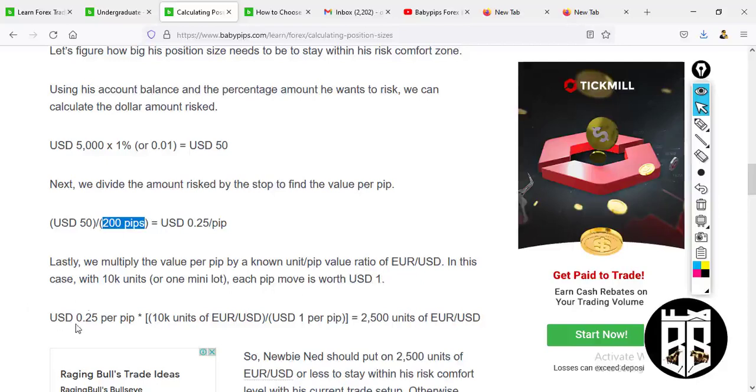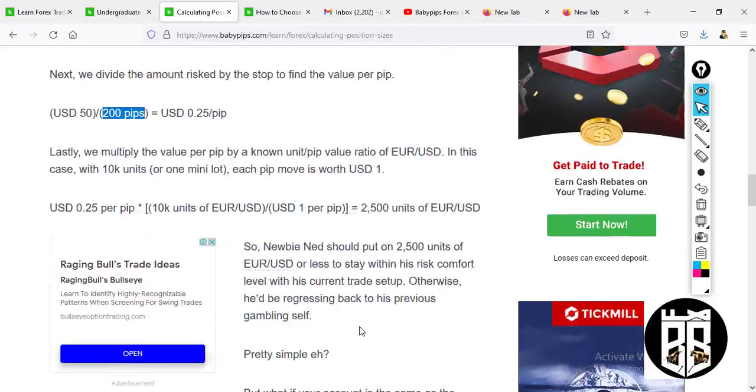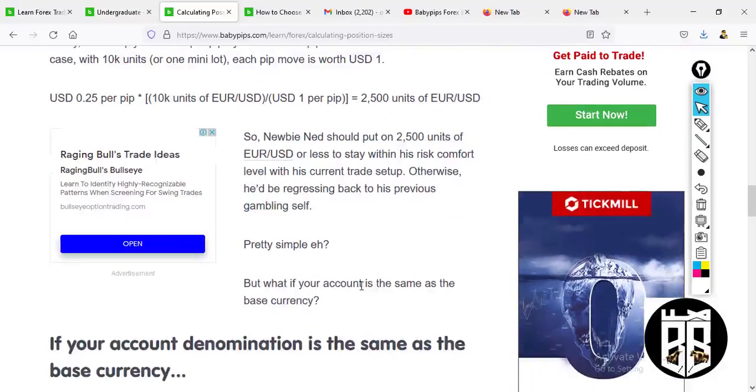Since we have 25 cents per pip, multiply that by 10,000 units of Euro USD divided by $1 per pip, that equals 2,500 units of Euro USD. So Ned should put on 2,500 units of Euro USD or less to stay within his risk comfort zone. Otherwise he'll be going back to blowing his account, that is gambling.